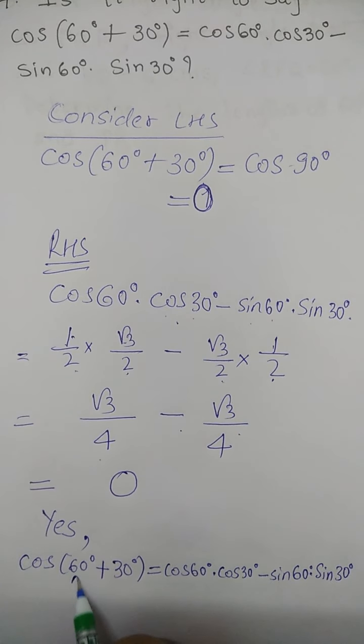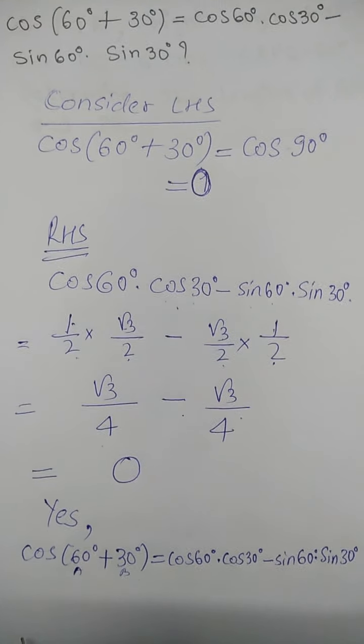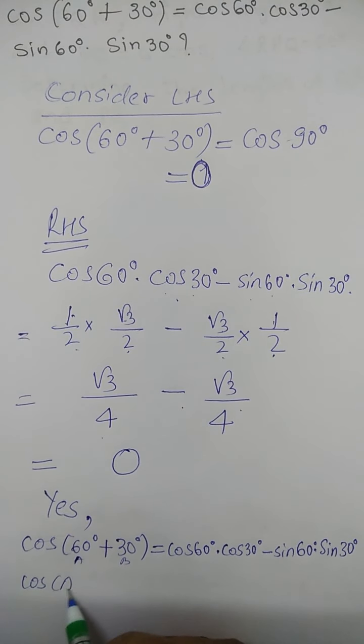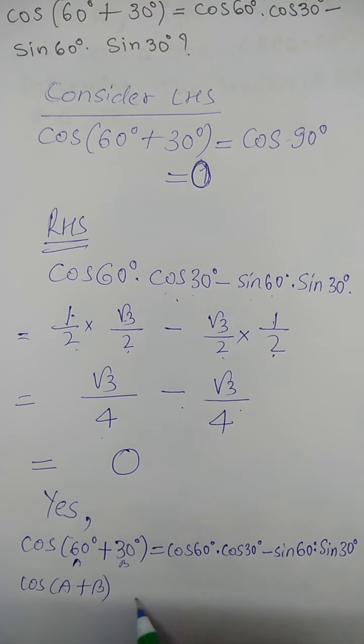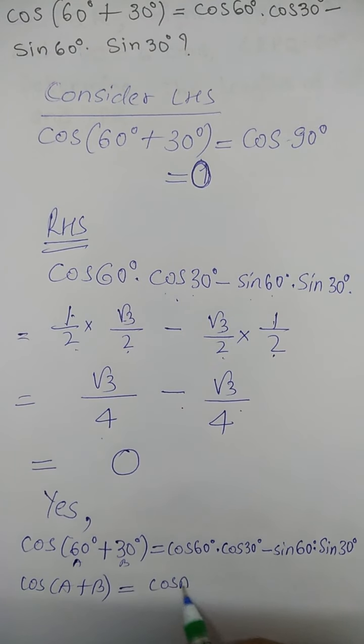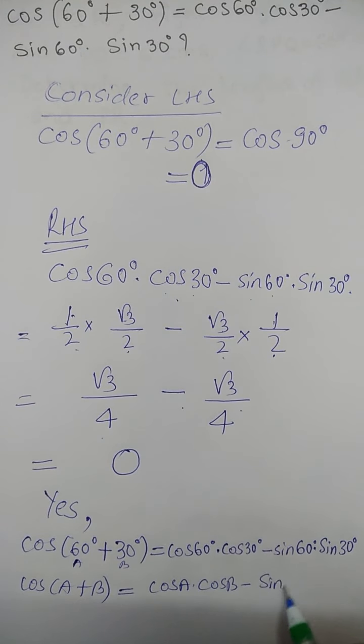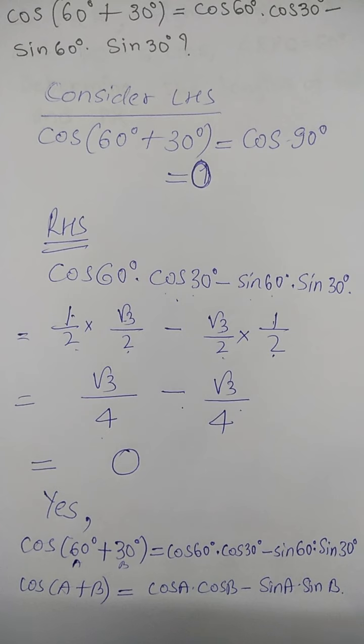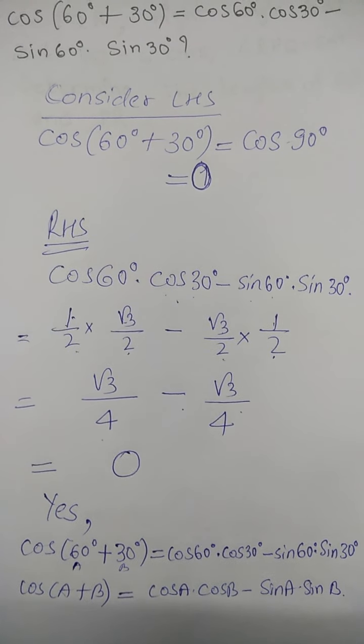Take 60 degree as A and 30 degree as B and generalize this. Cos A plus B is equal to cos A into cos B minus sin A into sin B. In this way, you have to generalize and you have to solve this problem.